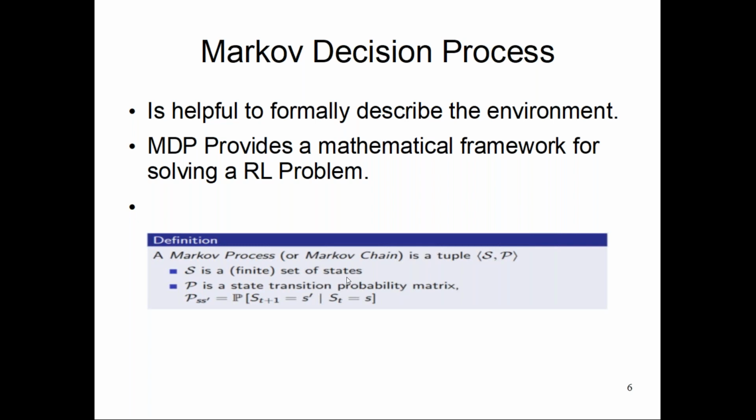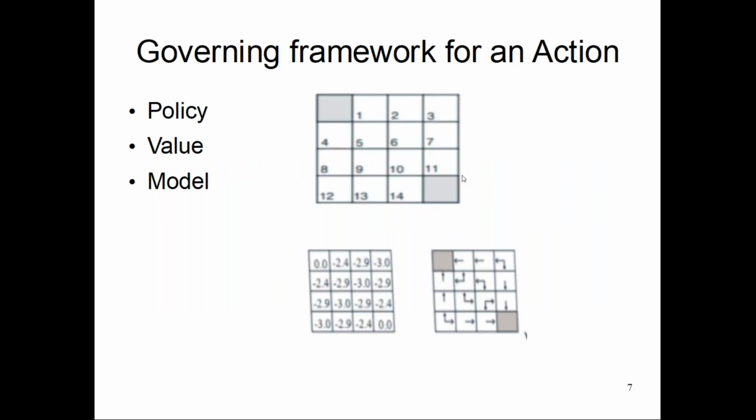I'll have to go ahead one more slide, then I'll be able to explain better. If you look at a grid, the grid has 16 boxes. If you are in box 1, to go to box 2 or to box 5, there is some probability.